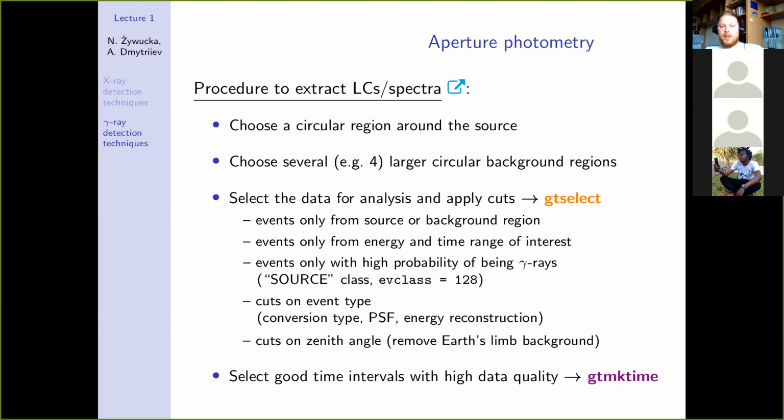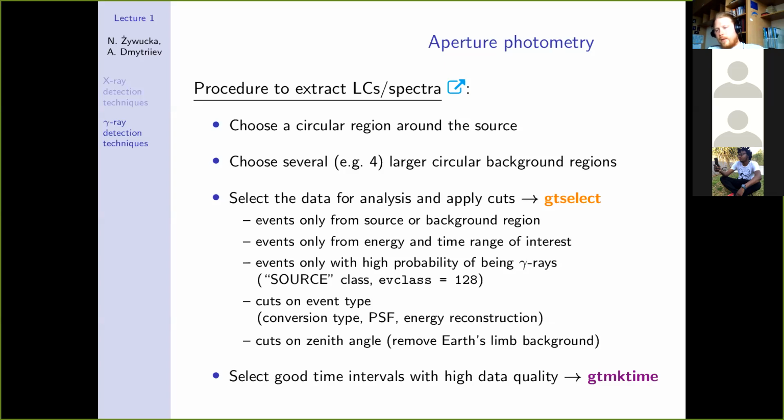If you have poor statistics, you can select all the events to at least have an idea, some light curves. But if you have enough photons, you have to really cut on events which are probably gamma rays. Then you need to cut on the event type. So you have different conversion types, front conversion and back conversion, because photons arrive from different directions.